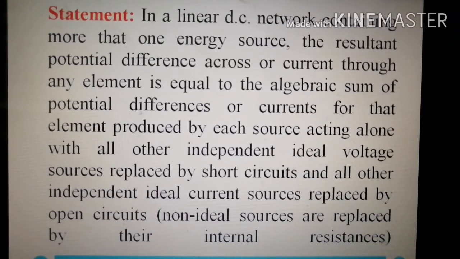If these sources are non-ideal, then they are replaced with their internal resistances. This is all about the statement of the superposition theorem. It's a very simple statement.